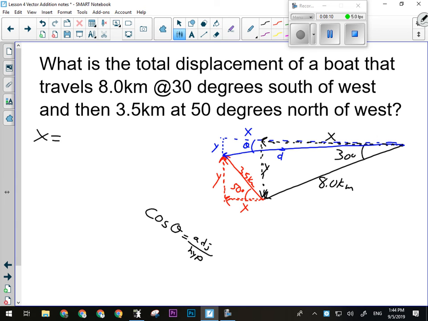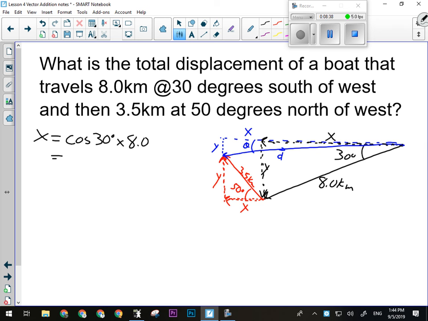So if I want to find the adjacent side, x, what do I do with the hypotenuse? Right, I multiply it over to the other side. So x will be the cos of theta, which is 30 degrees, times the hypotenuse, 8. All I'm doing is manipulating that simple trig ratio.